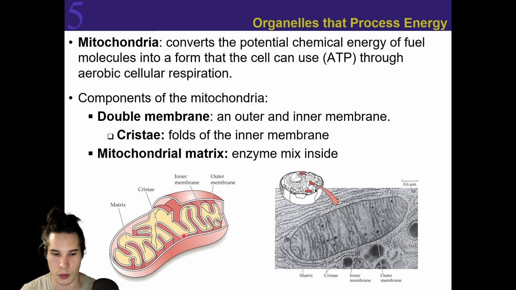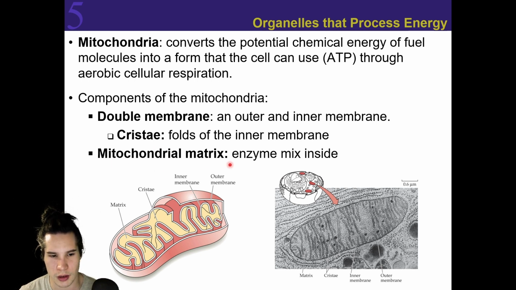And the reason why we want more surface area in this inner membrane is because it provides more space to embed enzymes or proteins involved in the electron transport chain. So the more folds we have, the more proteins we can embed into that membrane. And so if we want to be a very efficient mitochondria, we're going to have a lot of folds within our inner membrane so we can fit more enzymes and proteins.